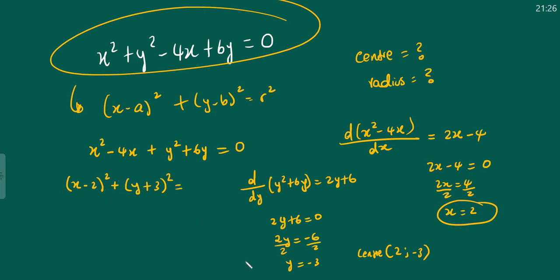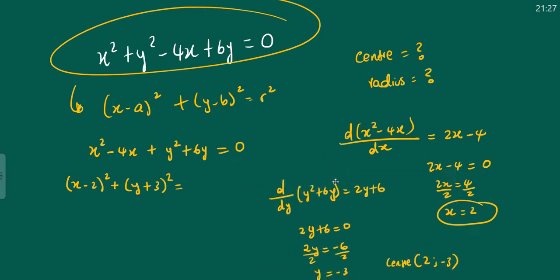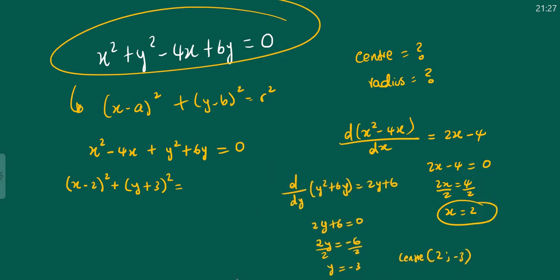Now this is the part whereby you take the negative 2, you divide it by 2, then you square it, plus you take the 3 exactly the way it is and you square it.